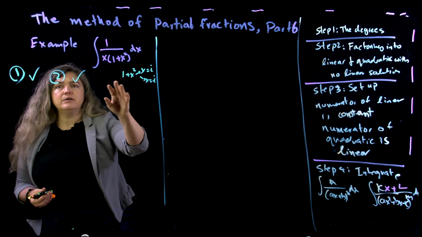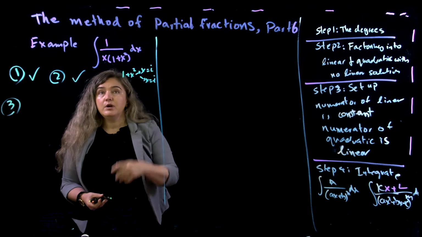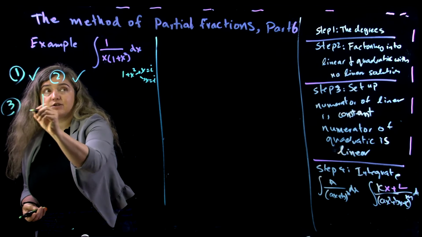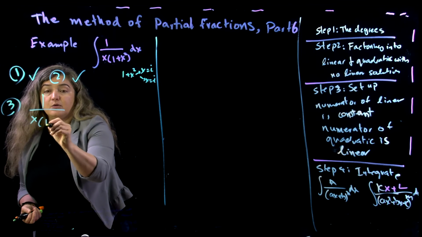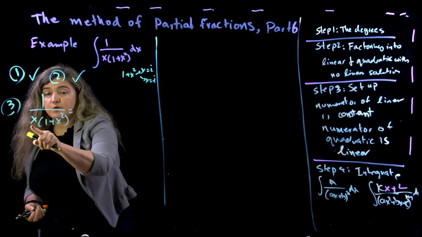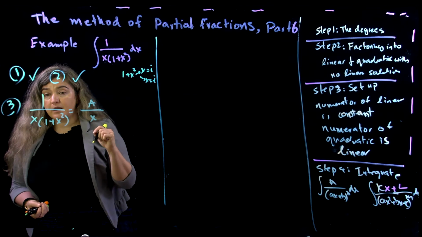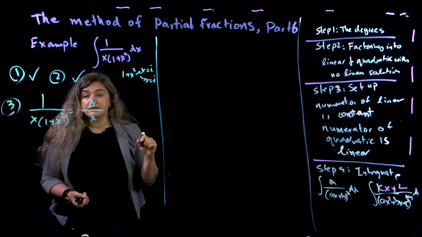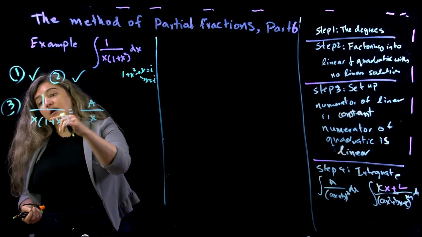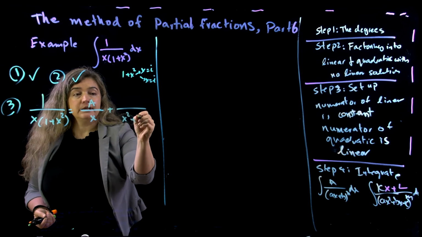And so now, step 3 is that step where we have to put this fraction or quotient into a nice format. So for every linear, you want to have a constant numerator, and there is only one quadratic, and so I put the quadratic down like that.